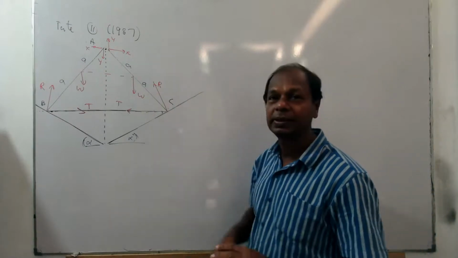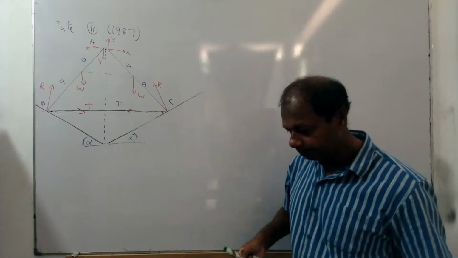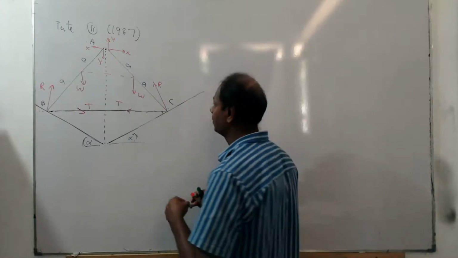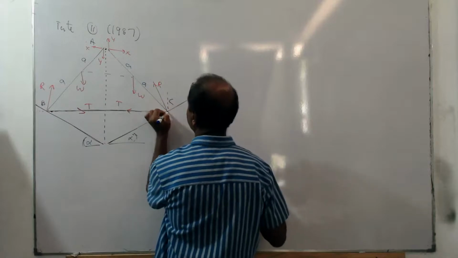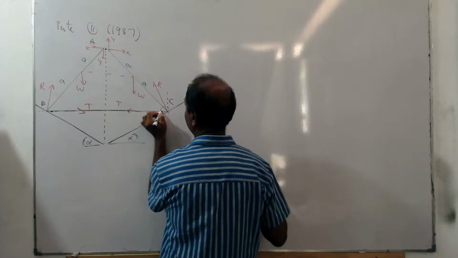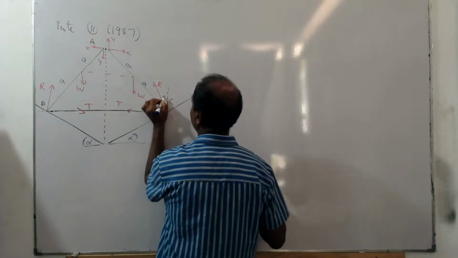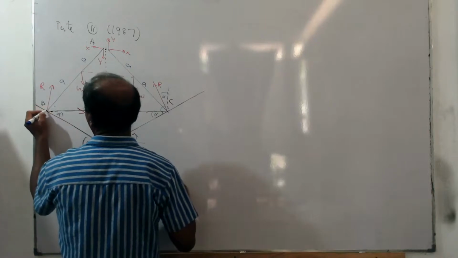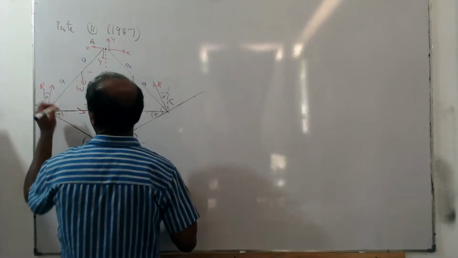Mark this direction too, that will be useful: alpha, 90 minus alpha, this will be equal to alpha.